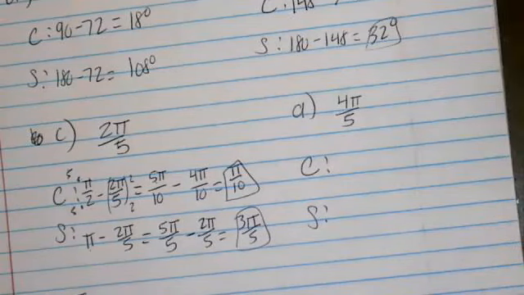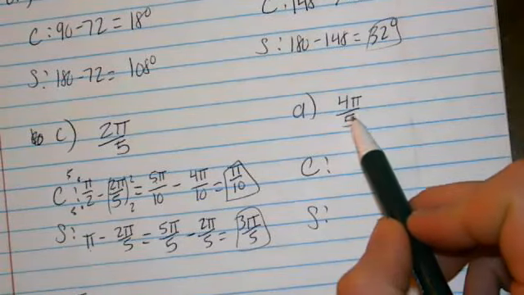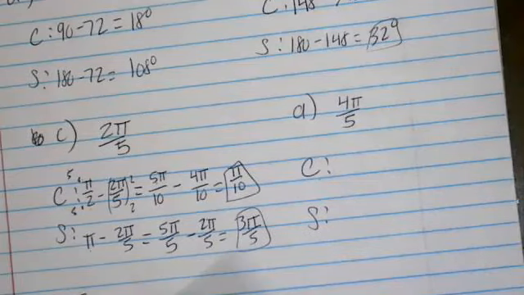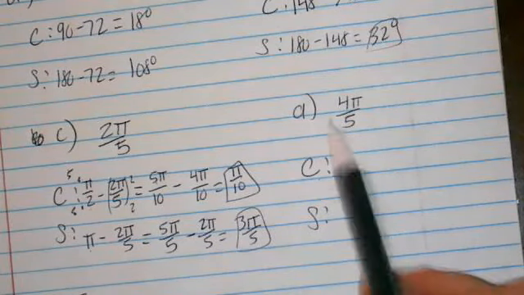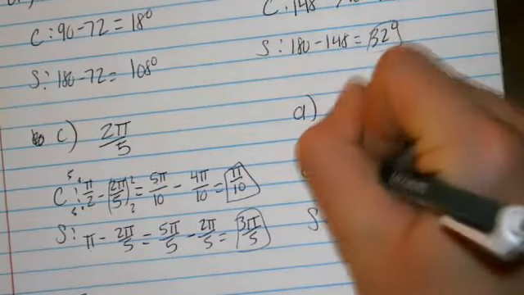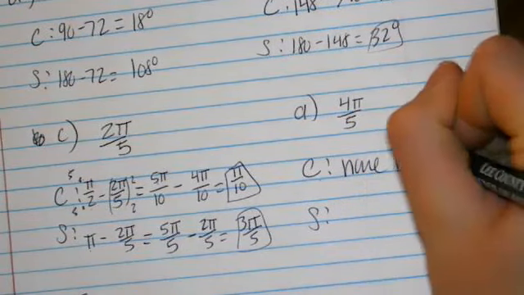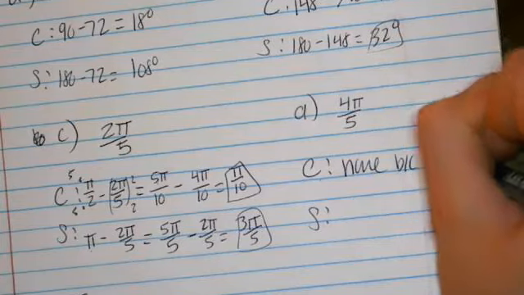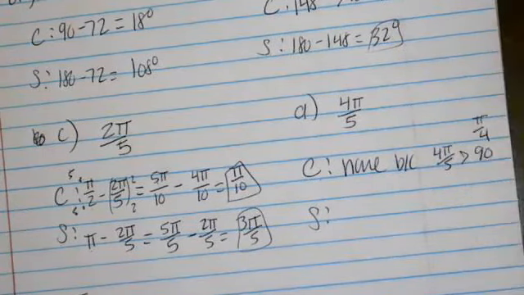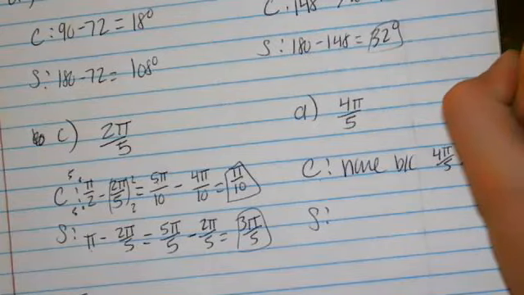Last one, 4 pi over 5 for a complementary. You should already start to see 4 pi over 5 is larger than pi over 2, okay? Because 4/5 is larger than 1/2. So none, because 4 pi over 5 is greater than 90, or greater than pi over 2.